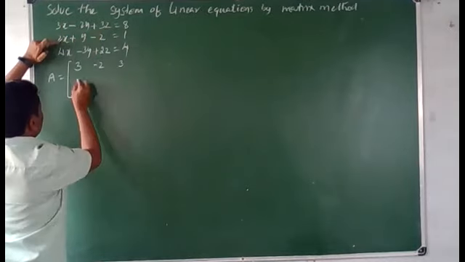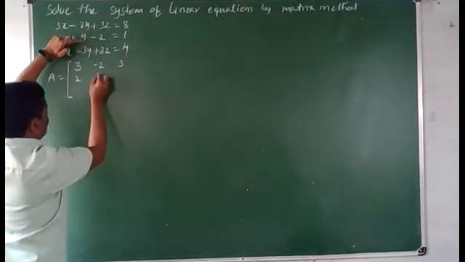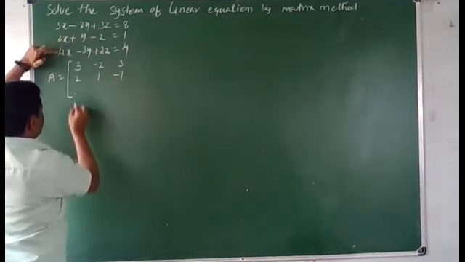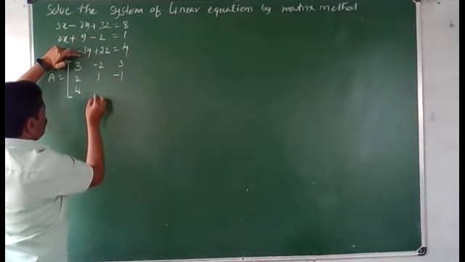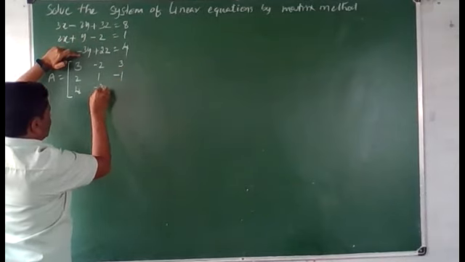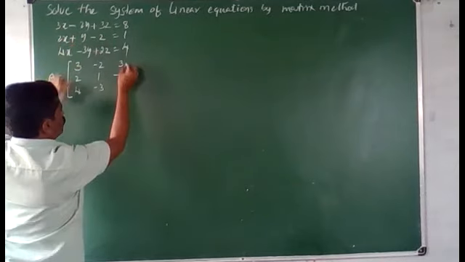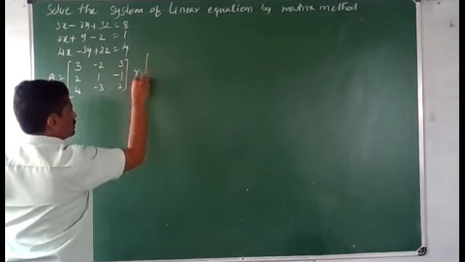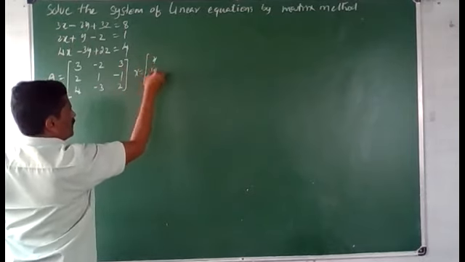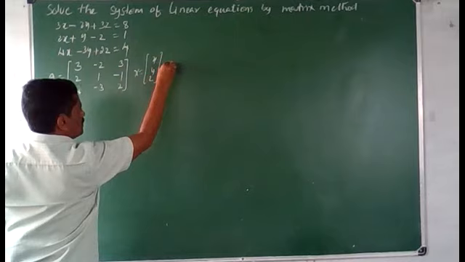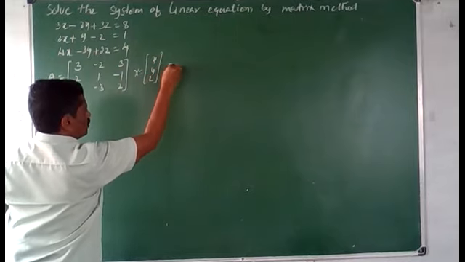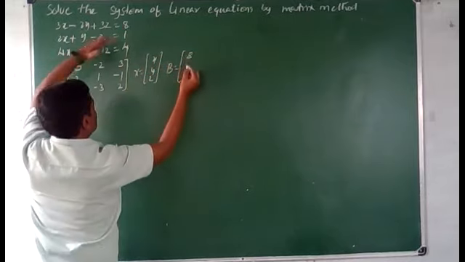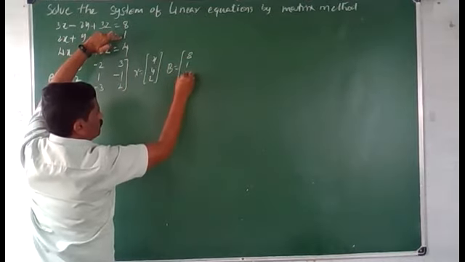Again, coefficient of x 2, coefficient of y 1, coefficient of z minus 1. Coefficient of x 4, coefficient of y minus 3, coefficient of z 2. Now the variable matrix is X, which is x, y, z. Then the constant matrix B is 8, 1, 4.